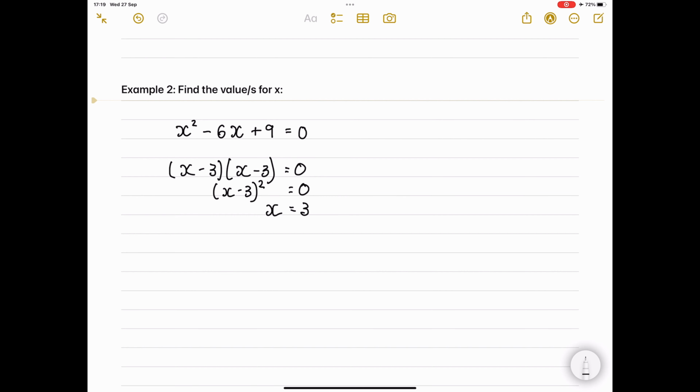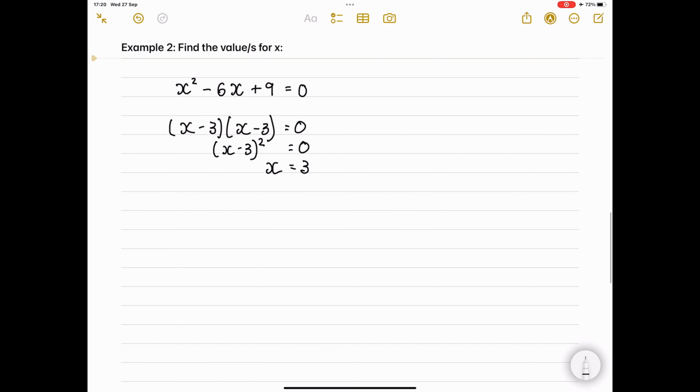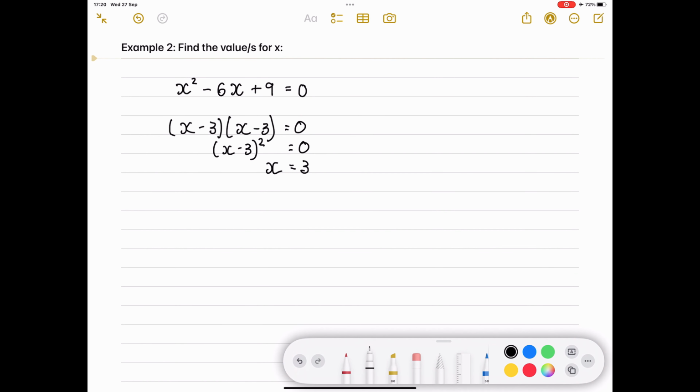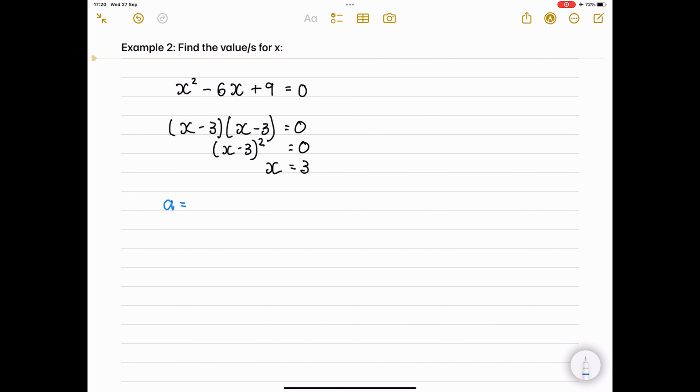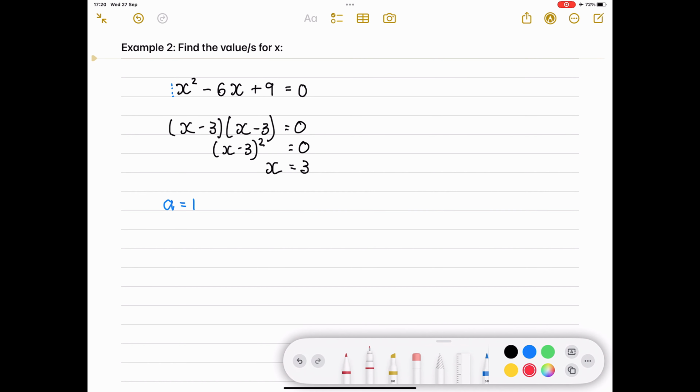But you can still use the quadratic formula to get your values for x, which I will show you how to do. So in standard form, your a would be 1, because there's a 1 in front of the x squared.